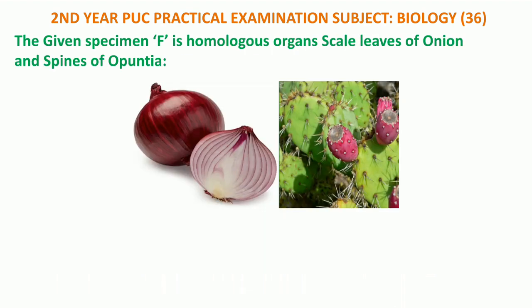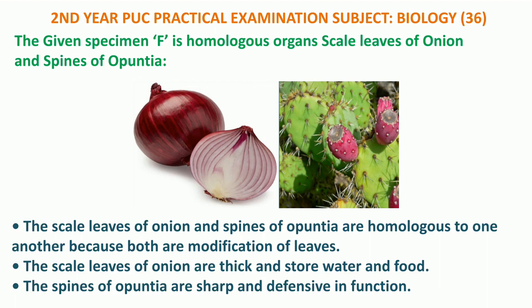question F. Sometimes some of the homologous organs are given like this. If they give onion along with Opuntia, you should write the identification like this. The given specimen F is homologous organs, scaly leaves of onion and spines of Opuntia. And you should write these points.